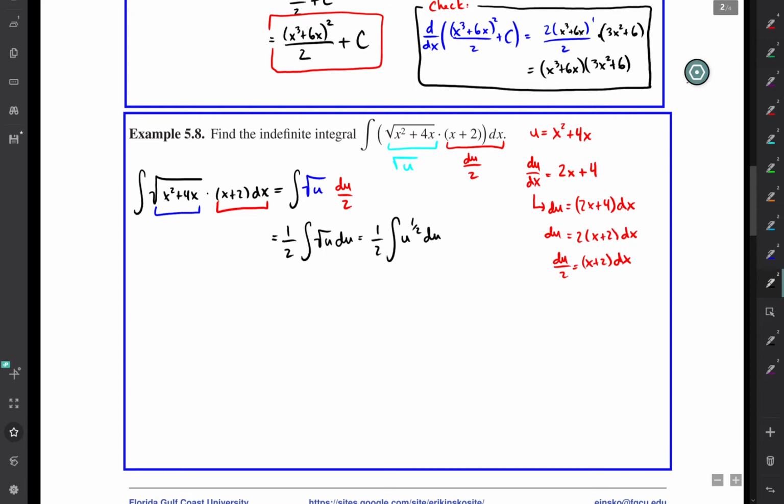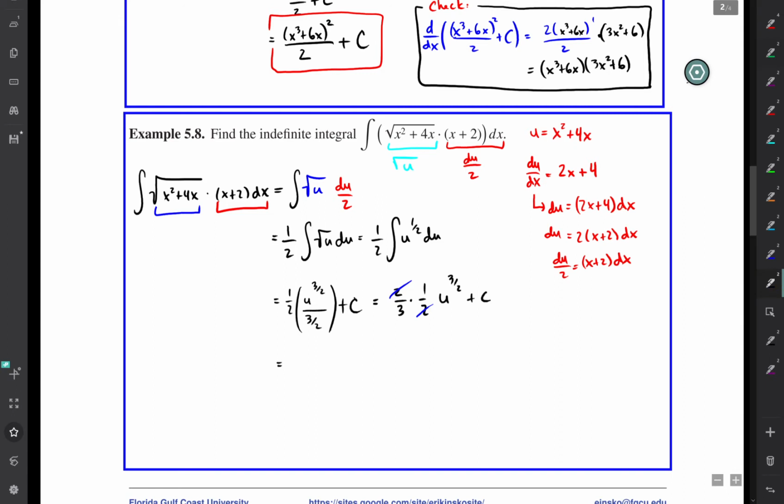And now this is easy to integrate. That is u to the 3/2, and then you have to divide by 3/2 and add c. And dividing by 3/2 is the same as multiplying by 2/3. So I could say that this is 2/3 times 1/2 u to the 3/2 plus c. 2/3 times 1/2 is 1/3.